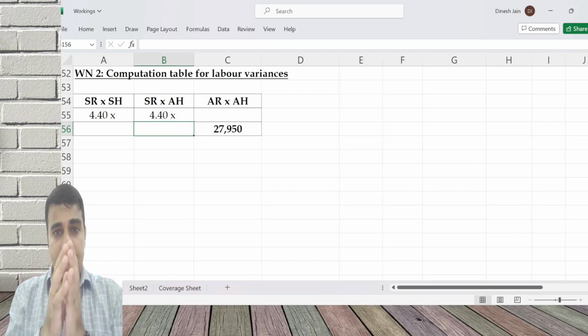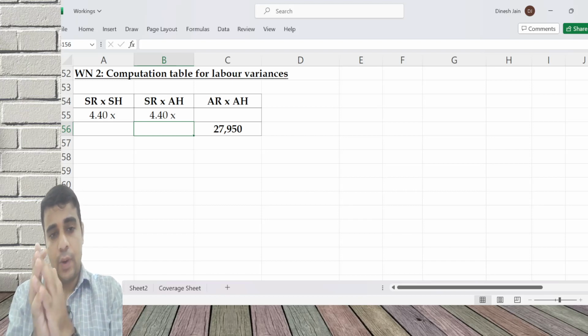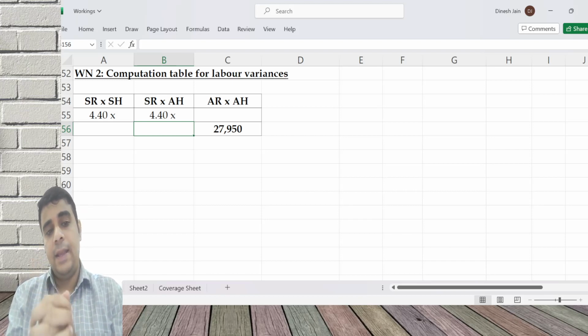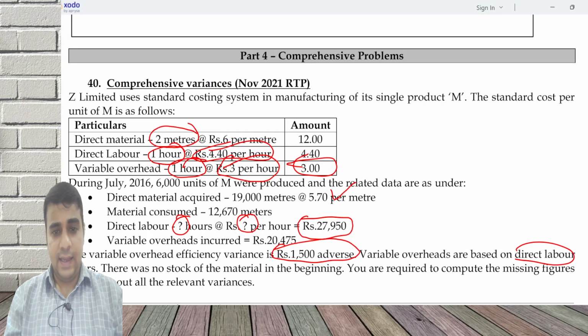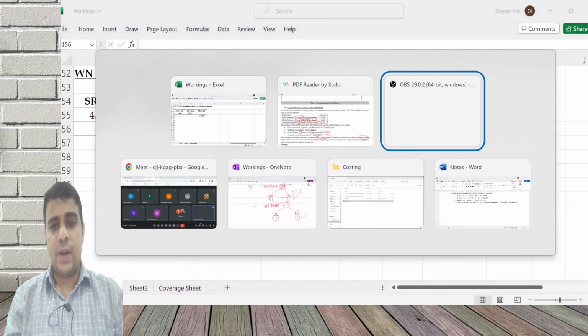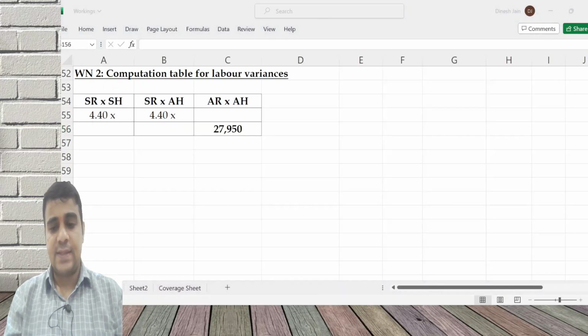We have to calculate what is AR, what is AH. SR into AH, actual hours I can get only once I get that breakup. The breakup is still missing in the question. How do we get to the breakup? We'll see.